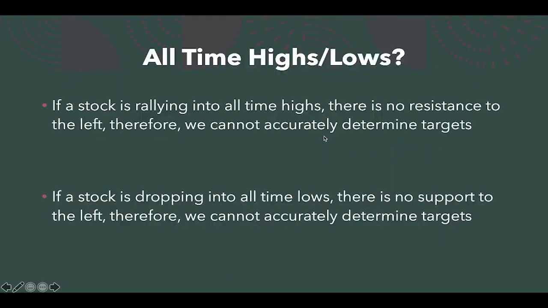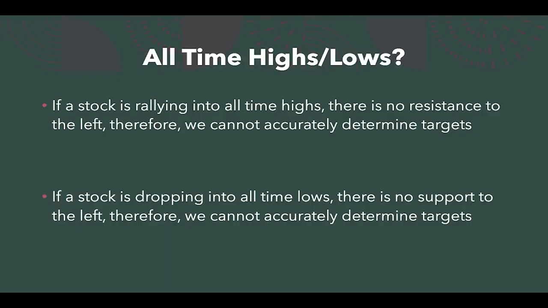Another topic I wanted to discuss is, if a stock is rallying into all-time highs, there is no resistance to the left. The stock has never been at that point before, because it's all-time highs. So there is no resistance to base our targets off of, so we cannot accurately determine our targets.